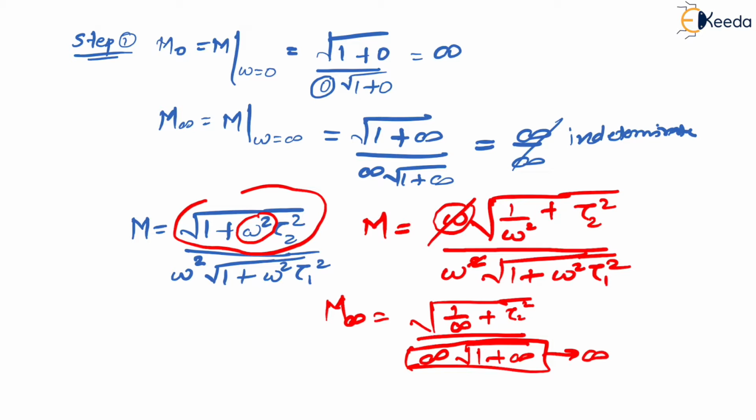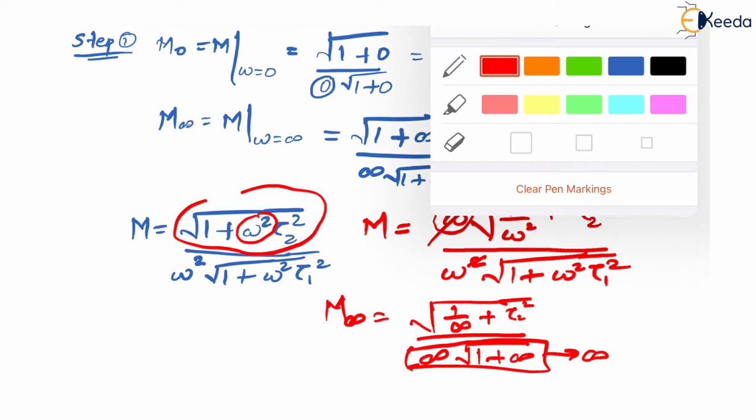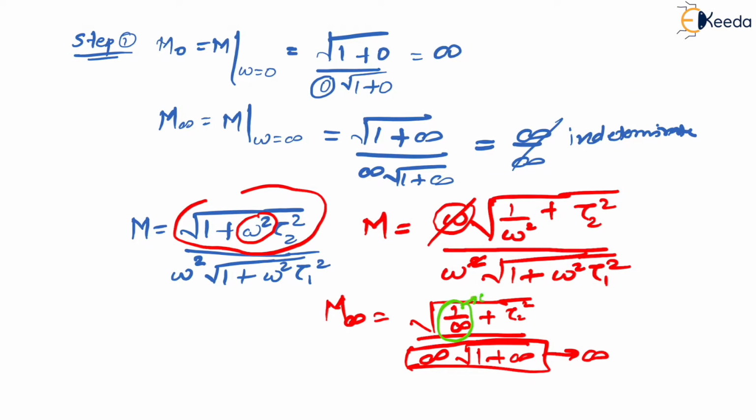What about the numerator term? 1 by infinity is going to be 0. Then you have got plus tau 2 squared, which is nothing but tau 2. So tau 2 by infinity is going to be 0. So you understand that M infinity is 0. That is what we have understood. Similarly, M0 is equal to infinity.